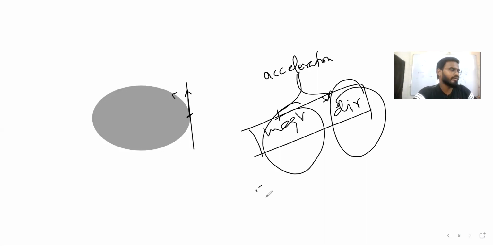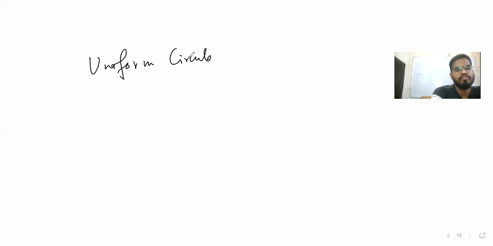So you can write one statement here: uniform circular motion is accelerated motion.